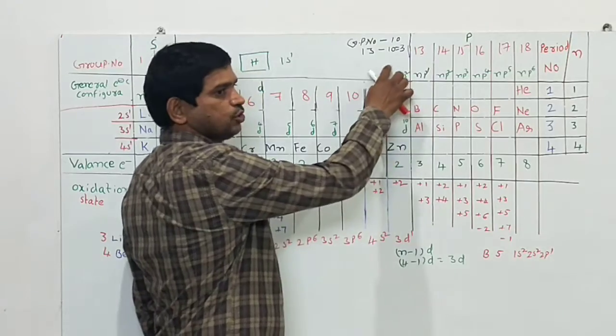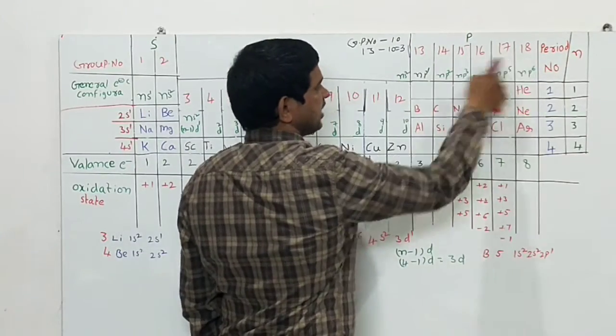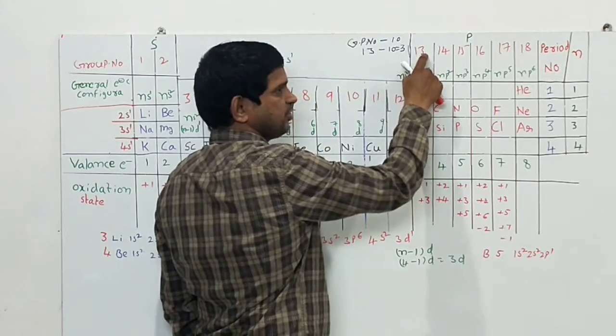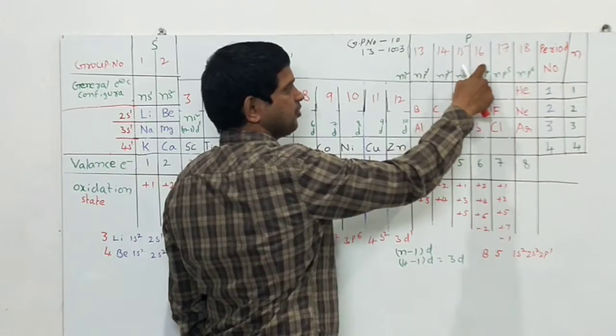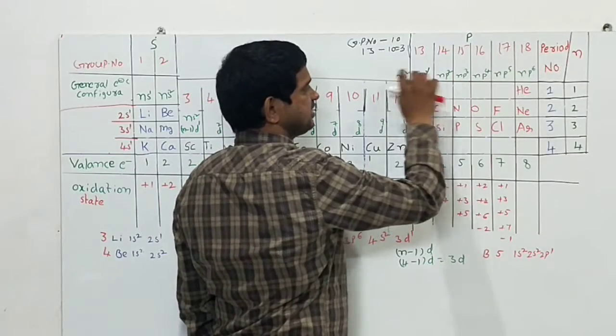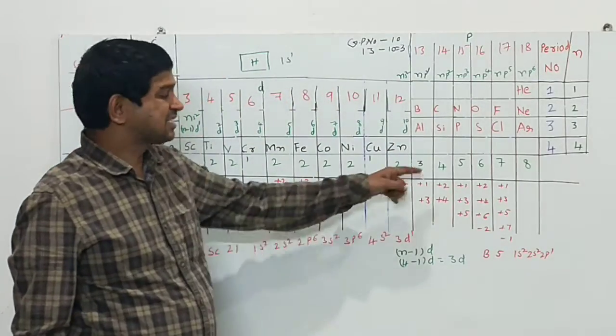So ns2, np1. For the 13th to 18th group, ns2 is common. For the 13th group it is np1, then np2, np3, np4, np5, np6. These are the general electronic configurations. Now oxidation states.